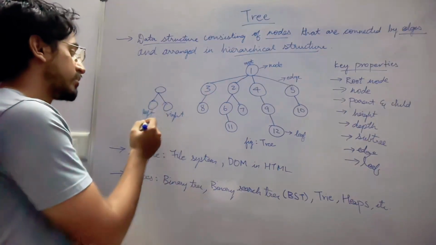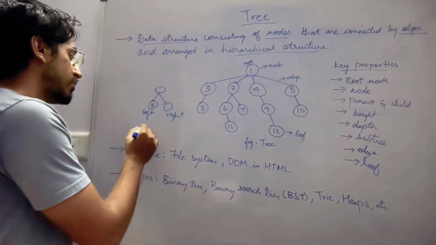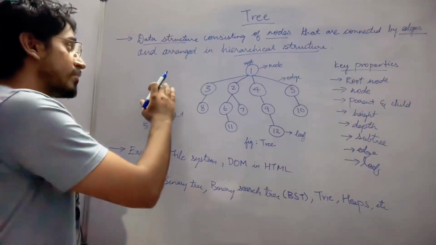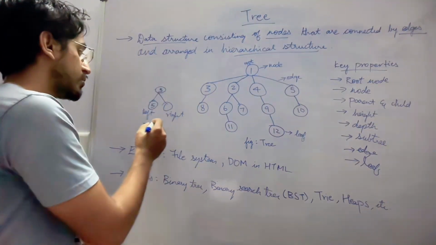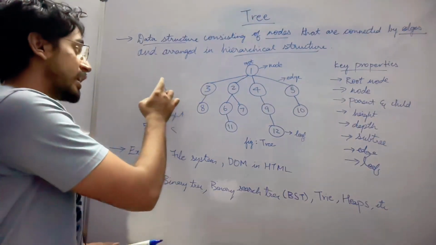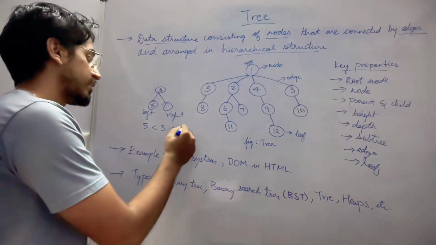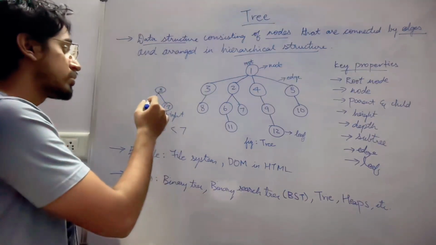The value of left can be a number like, let's say, 5. The value of left should be less than the value of the parent, so let's say 3. The value of right should be greater than the root and the left, so let's say 7.